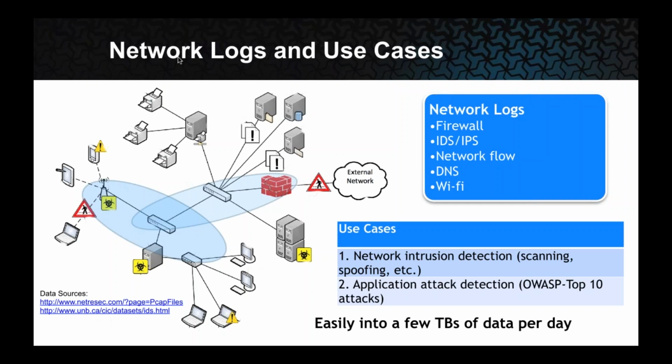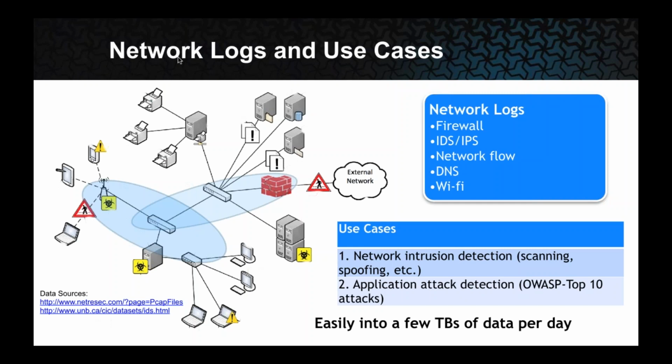Using IDS and IPS, we collect lots of data, and that data could be in the form of firewall logs, net flow, DNS traffic, HTTP traffic, and so on. In my part one webinar, I discussed more anomaly detection use cases.